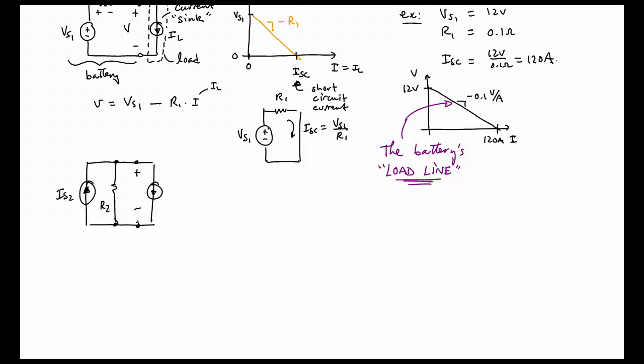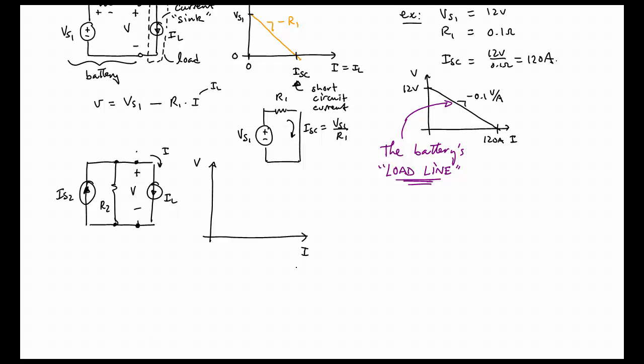We'll call this V and I again. Now we want to create the same load line for this type of source. All right, and we have V and we have I.